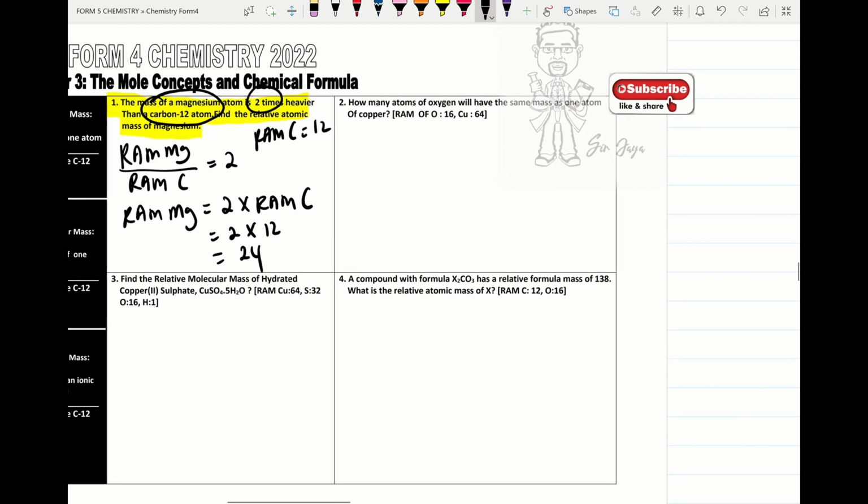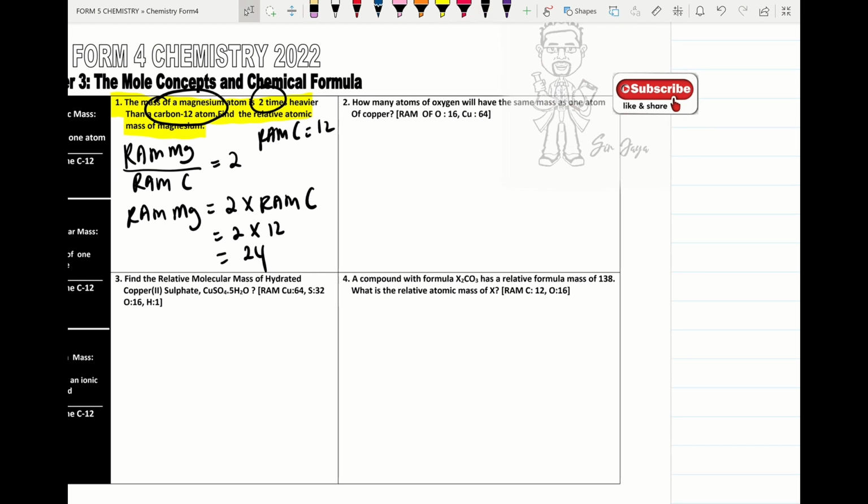All right, we try question number 2. How many atoms of oxygen will have the same mass as one copper atom? I represent the atoms of oxygen with Y times the RAM of oxygen, same as one atom of copper, so the RAM of copper.